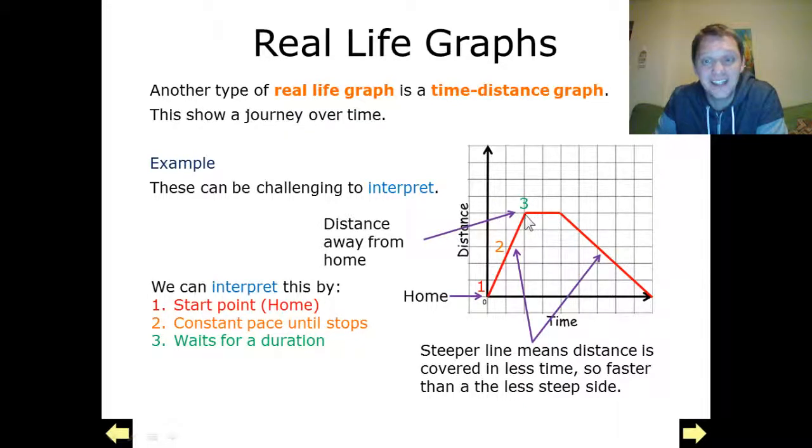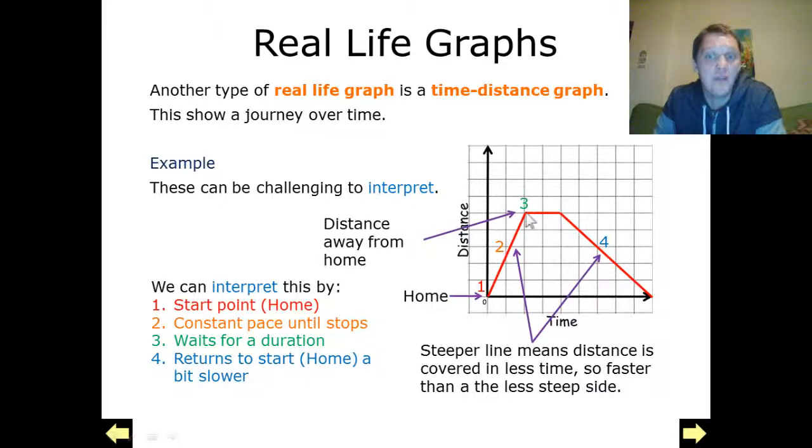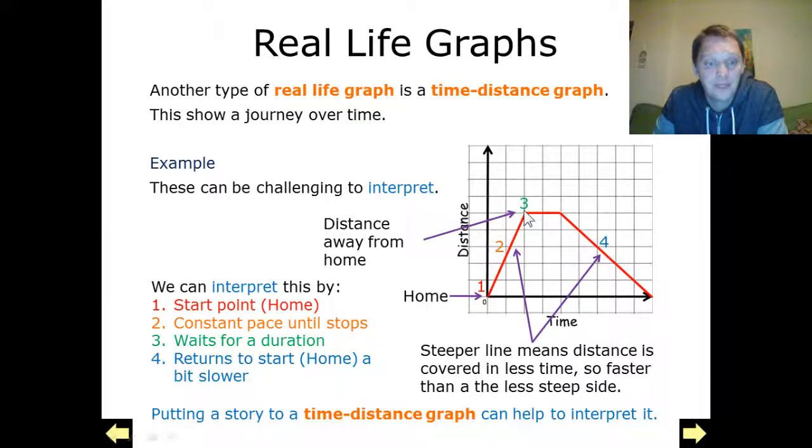So it's stopped for this length of time. And then returning home, but this time at a slower pace than they went to the place away from home. I always say, if you can put a story to it, it does make it easier to interpret, and I encourage this with my learners.